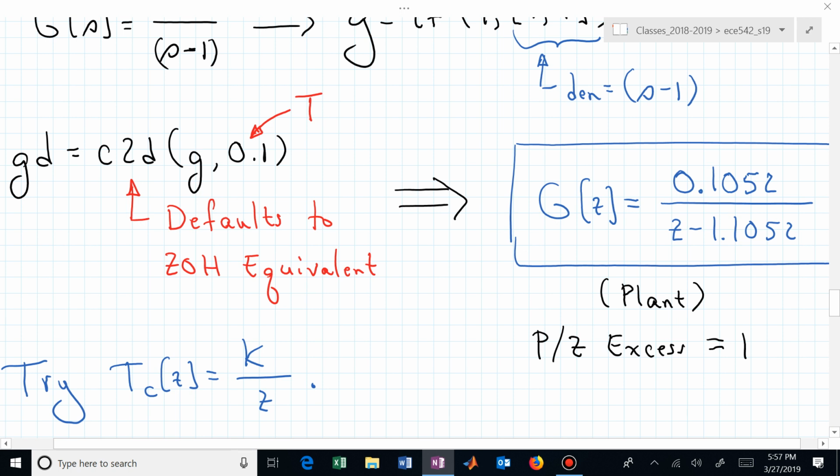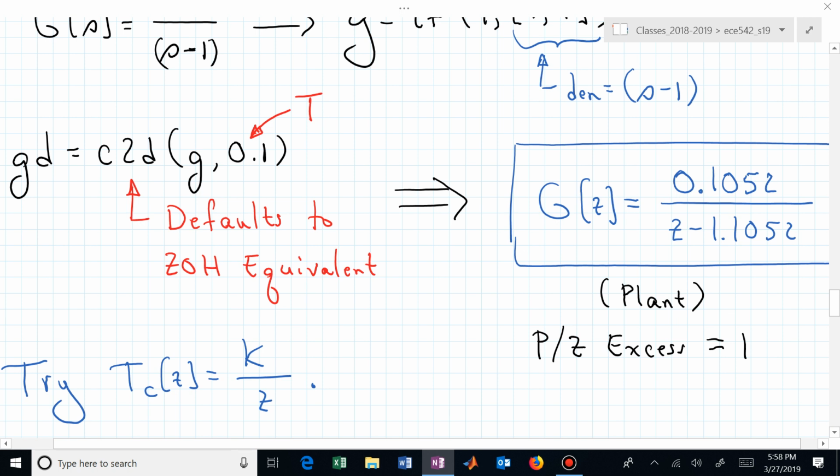So the key word is at least. You could have a larger pole zero excess if you want. There might be design reasons for doing that, meaning maybe you want a second order denominator and a constant numerator for a system that might be like G of Z here.